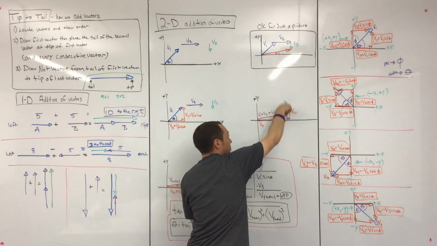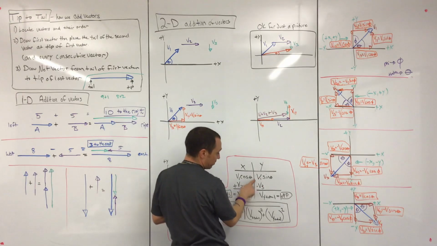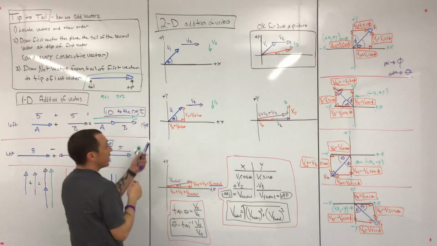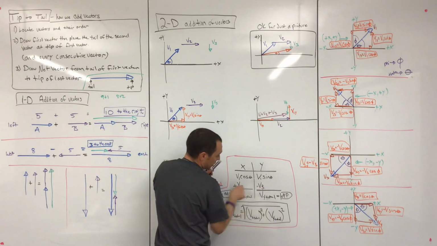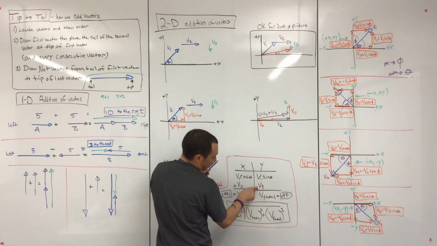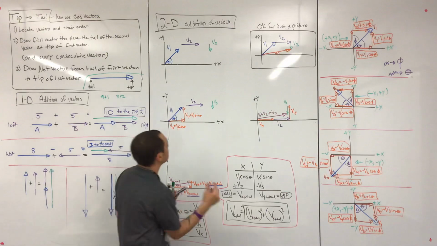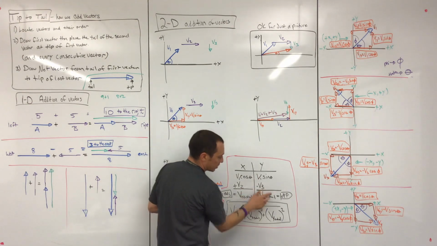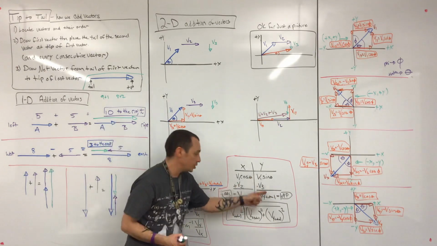So v3 is pointing opposite of positive y, which means it's a negative value. So when we write the number, we have to include the negative sign to show that we need to subtract it from v1 sine theta, and we do the math properly, and we get vy total once we do that math.